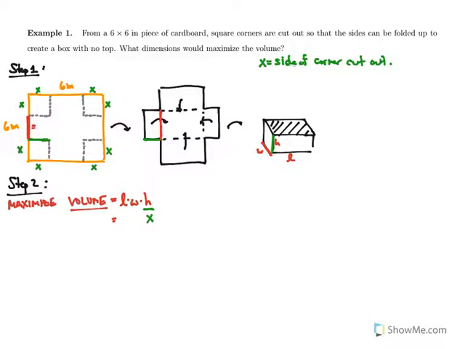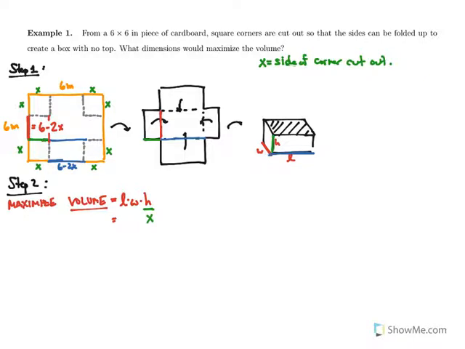And note that that is going to be 6 minus 2x. And also note that's going to be the same as the length as well. The length is going to be the same as these right here, also 6 minus 2x. The whole side is 6. We take out 2 x's, and we get 6 minus 2x.